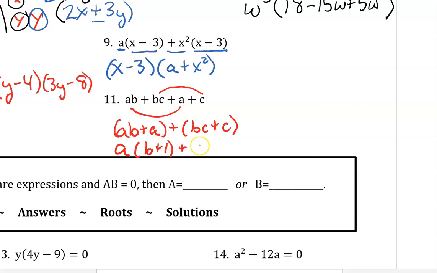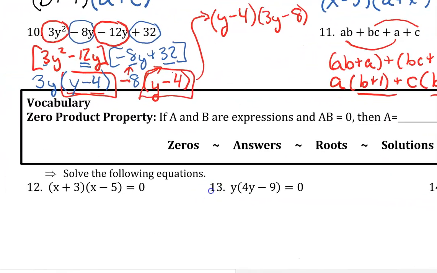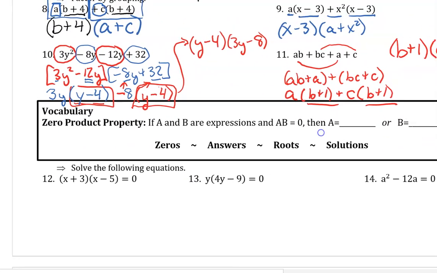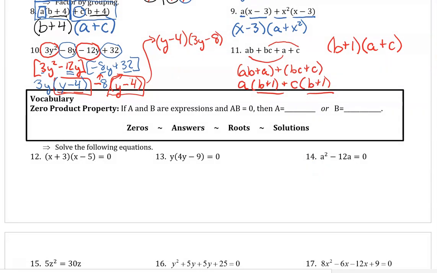In the second expression, I can factor out a c, which becomes c times b plus 1. Now I have the factor b plus 1 multiplied by the factor a plus c. So sometimes you can factor the groups just by taking the first two expressions, putting them together, but often you'll also want to rearrange just to make it a little easier for yourself.